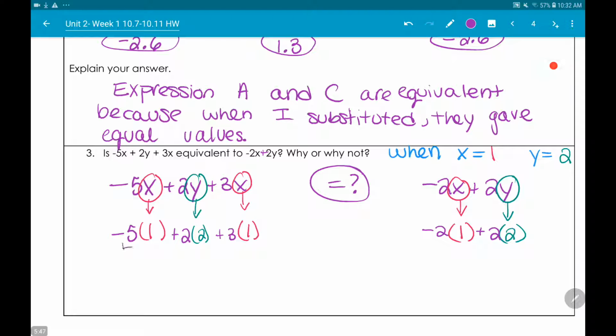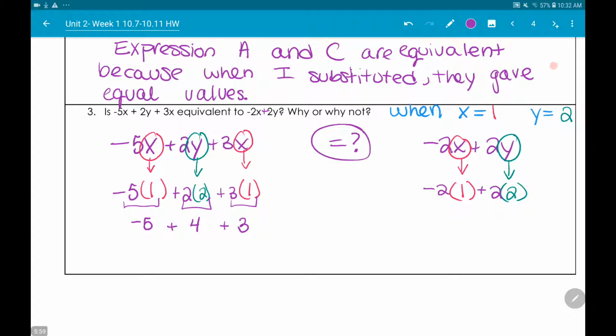All right, so let's do our multiplications first. Negative 5 times 1 is negative 5. I get negative 2 and 4. Now we're going to break it down even more. Negative 5 plus 4 is negative 1.